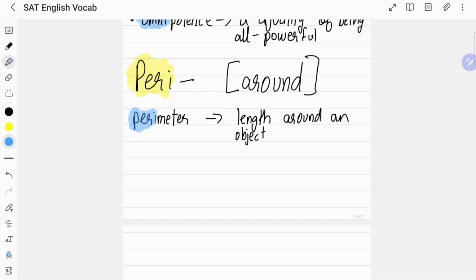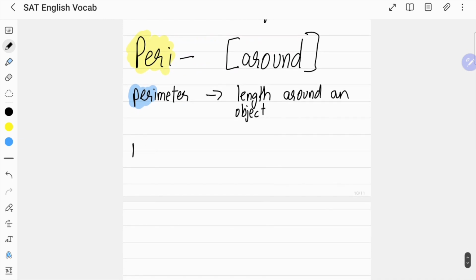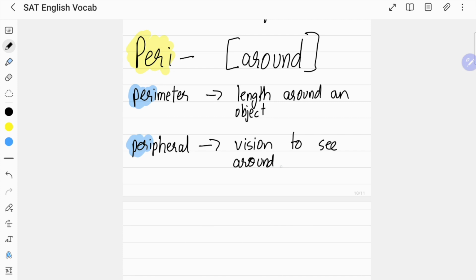Here peri is the root word. We can use peripheral, which means vision to see around your normal sight.